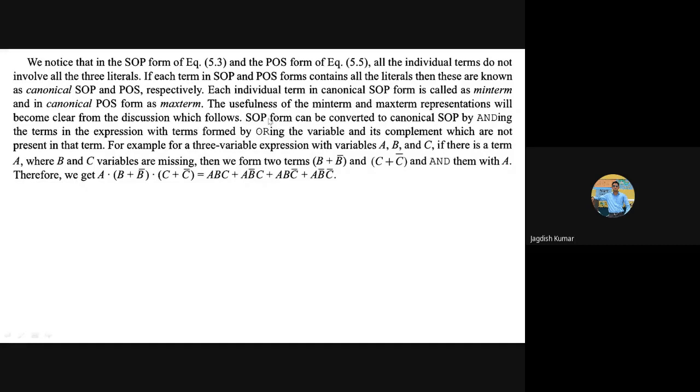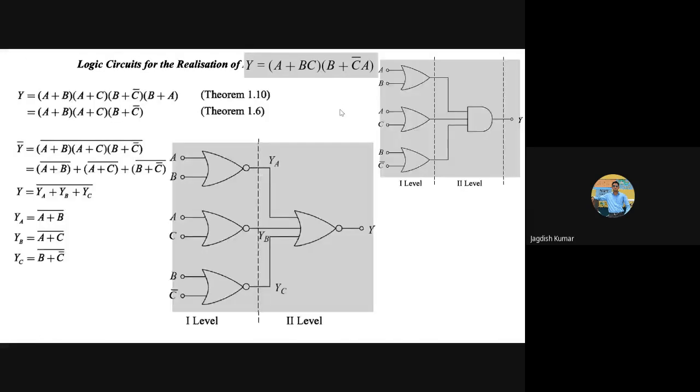Basically, we take the sum of product form and get the corresponding canonical SOP form. So there are two things: one is SOP form, and the second is canonical SOP form. This form is SOP, sum of products, but this is not canonical SOP.